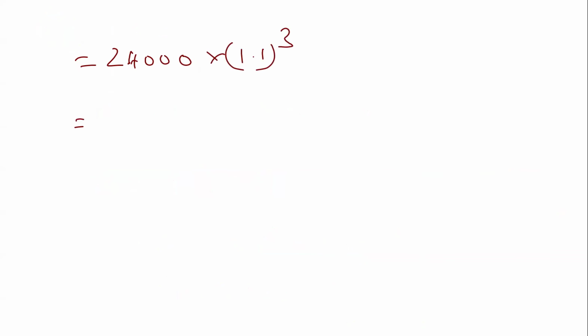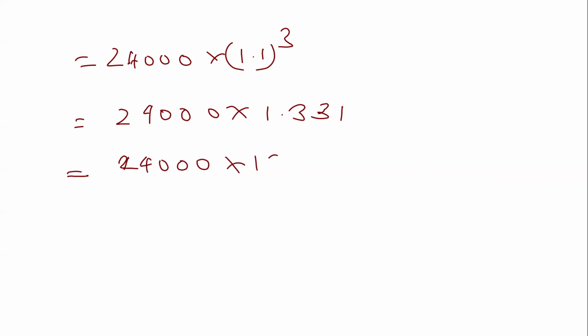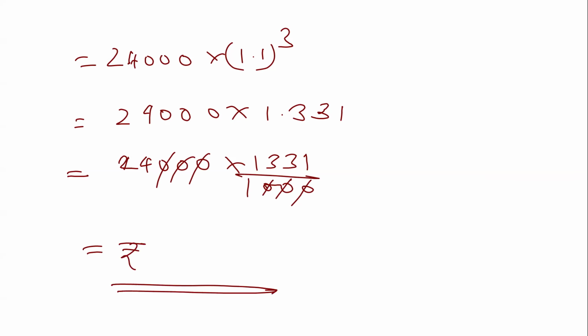That value is given to us: 1.331. So 24,000 into 1331 upon 1000. Just multiply this and get the answer. Fine. That was your question number 15. Okay, let's move on to question number 16.